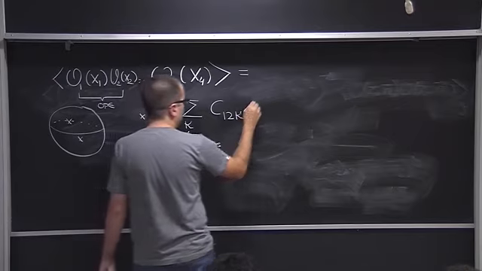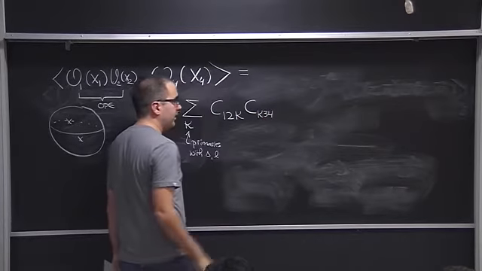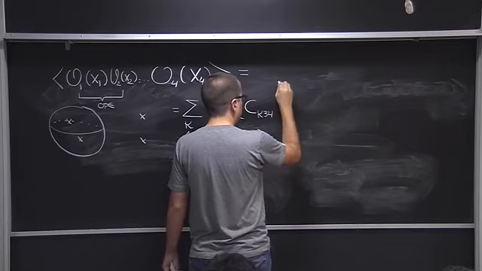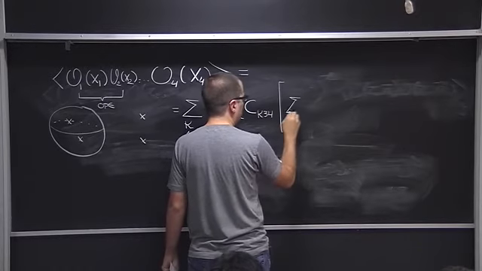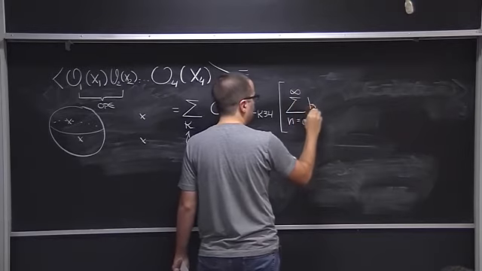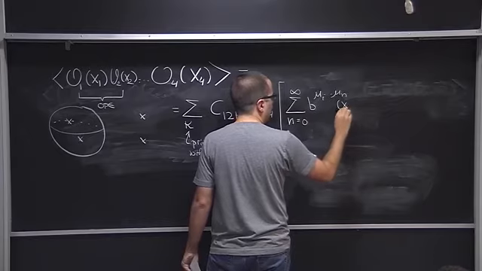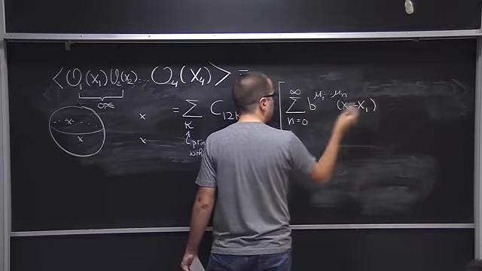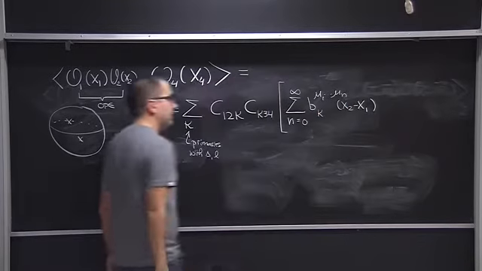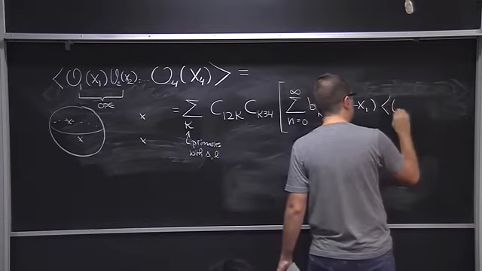But let me also take out C_k34, for reasons that will become clear. And now let me write an equation. What appears here is what? You now sum over all descendants from 0 to infinity, b with indices mu_1 up to mu_n, that depends on x2 minus x1, for operator k, times the correlation function.